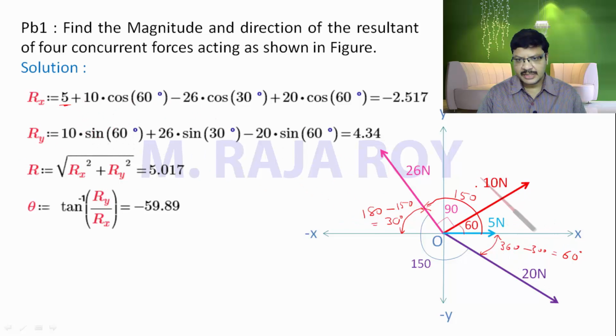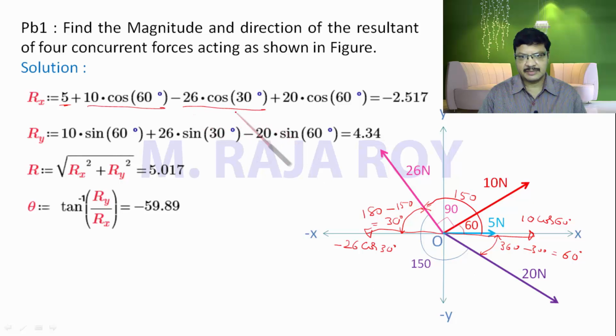Now coming to this 10 Newton force, x component of this 10 Newton force will act like this. That value is 10 cos 60. Now coming to this 26 Newton force, x component will act like this. That value is 26 cos 30, because this is 30. This is along negative direction, so minus 26 cos 30.